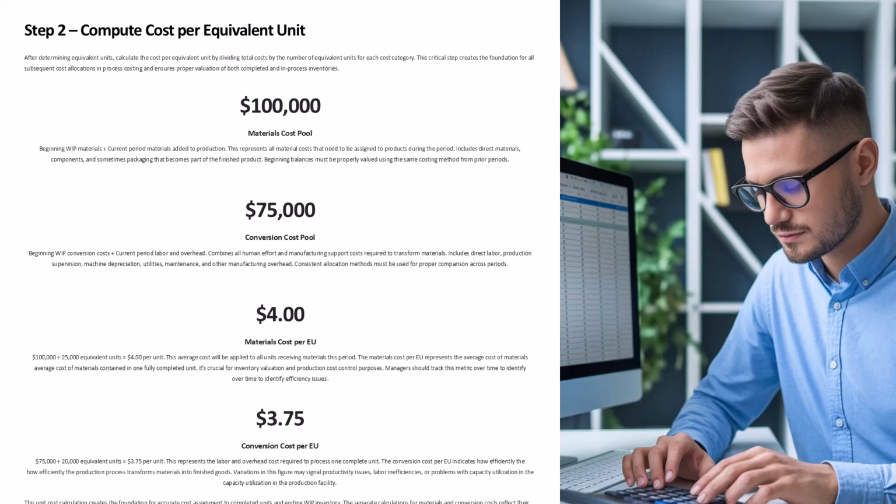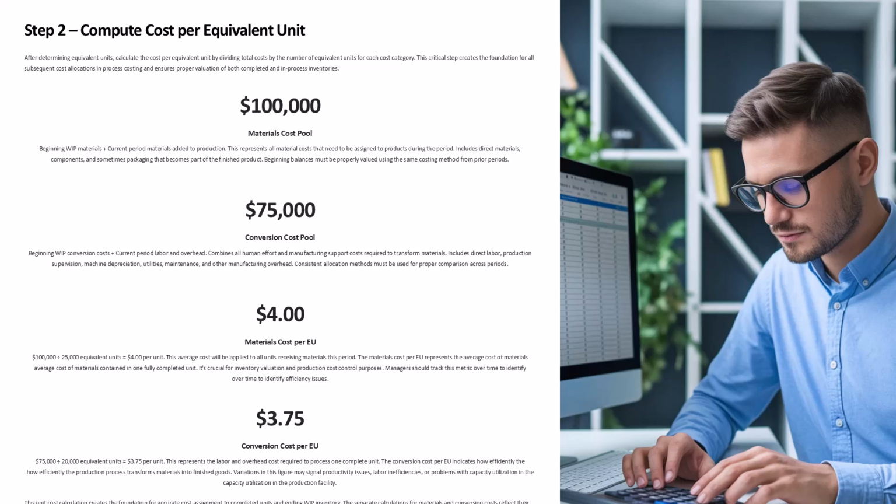This calculation reflects the core of weighted average methodology, blending beginning inventory costs with current period additions to create a unified average. For a tire manufacturer like Goodyear, this might mean combining partially completed tires from last month with this month's production to calculate an average cost per equivalent tire.